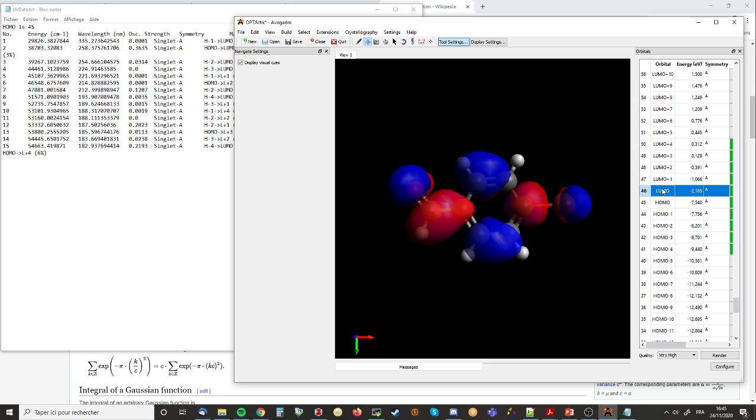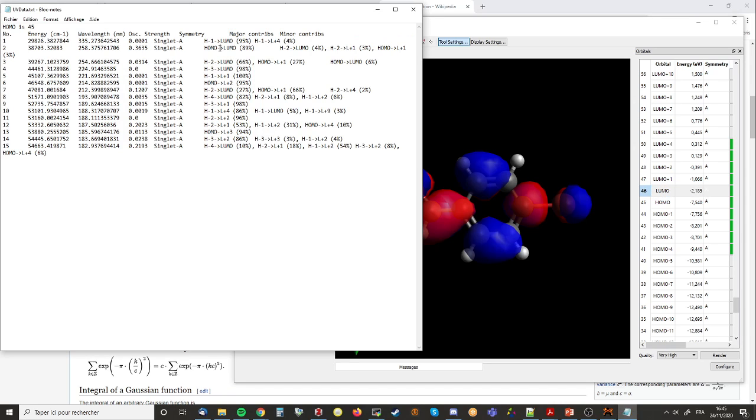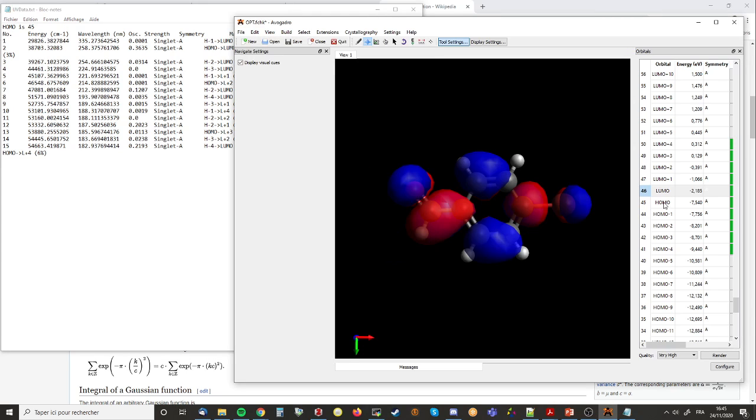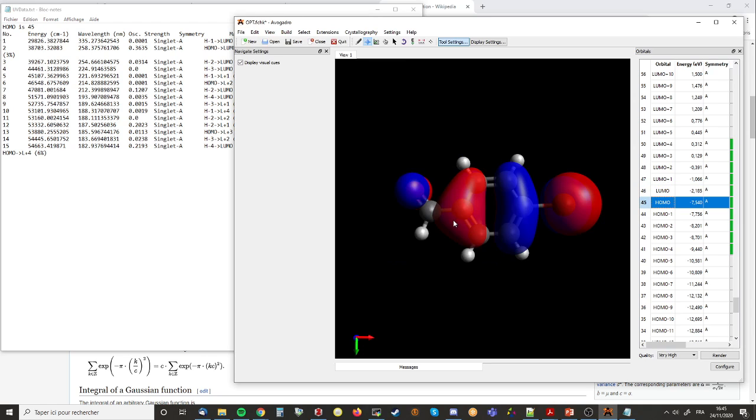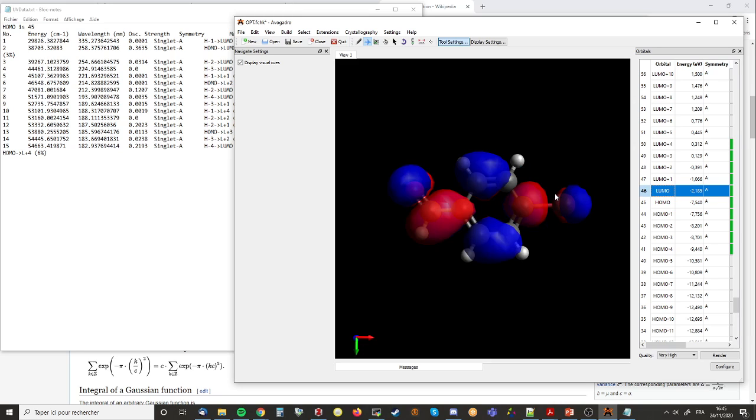If you take the two pictures, you can draw an arrow saying that the electron was there and is now here. For example, the second transition is 89% HOMO to LUMO. You draw the picture of HOMO to LUMO, and now you can understand that there is a lot here, now there is less here, so there is more here.